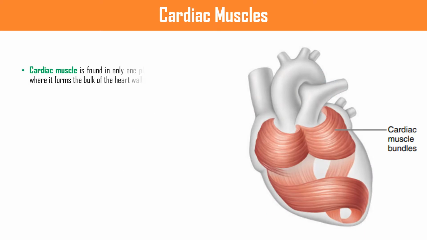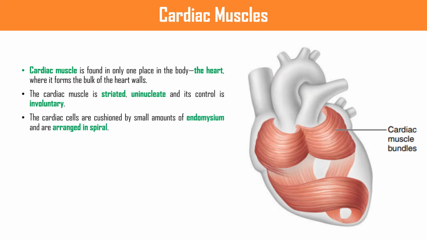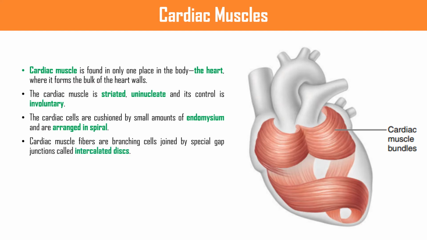Cardiac muscle. Cardiac muscle, as the name says, is found in only one place in the body, the heart, where it forms the bulk of the heart walls. Cardiac muscle is striated, uninucleated, and its control is involuntary. The cardiac cells are cushioned by a small amount of endomysium and are arranged in spirals.